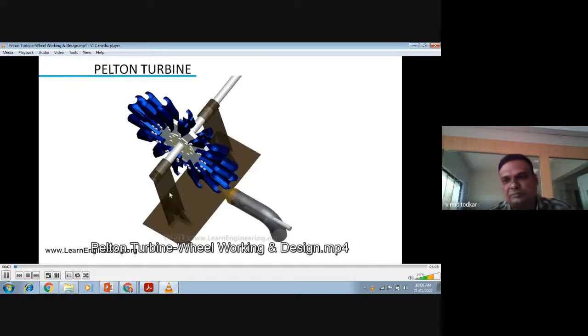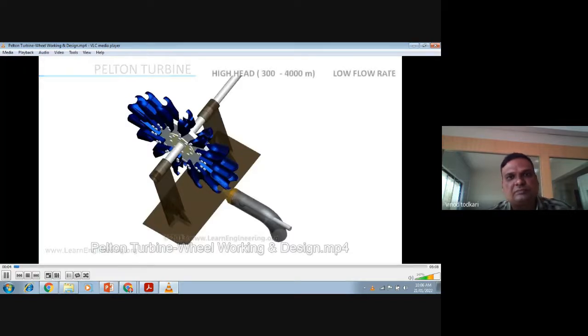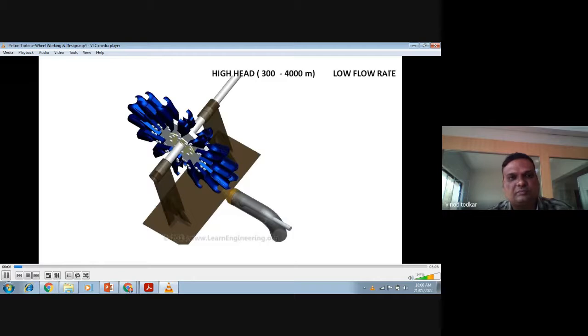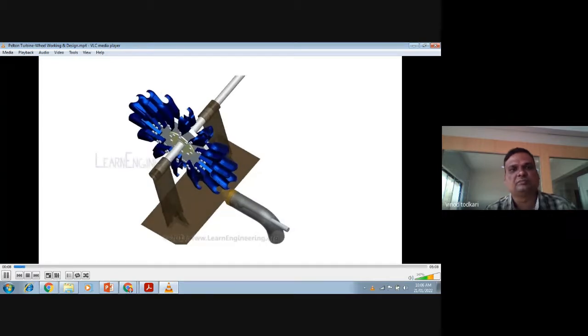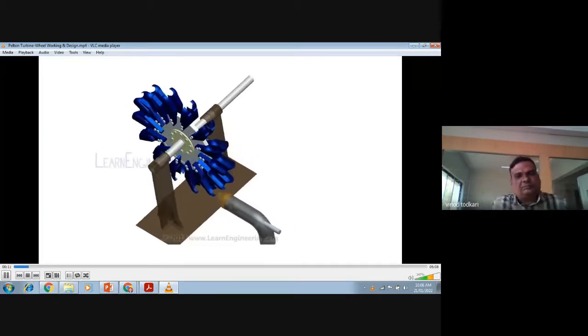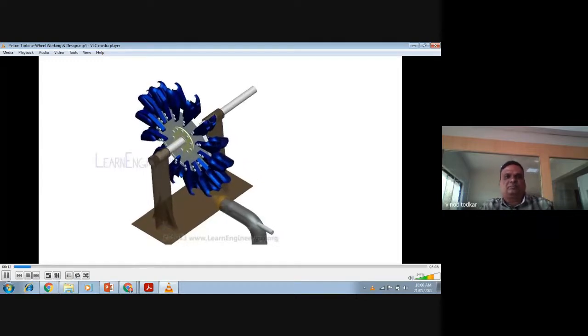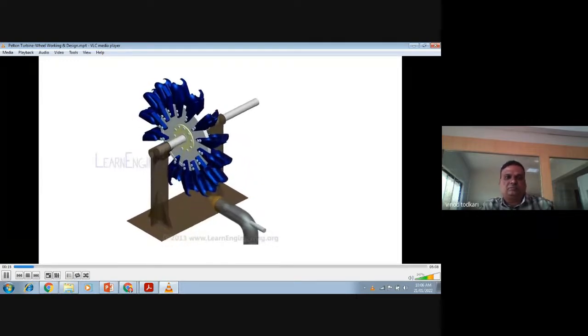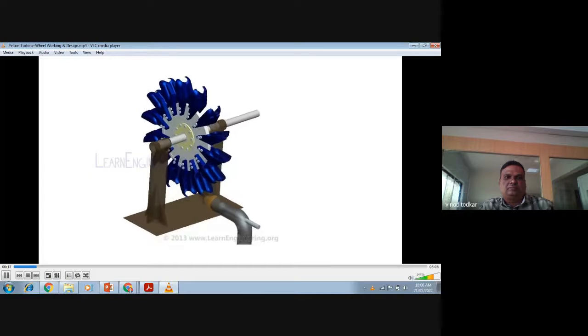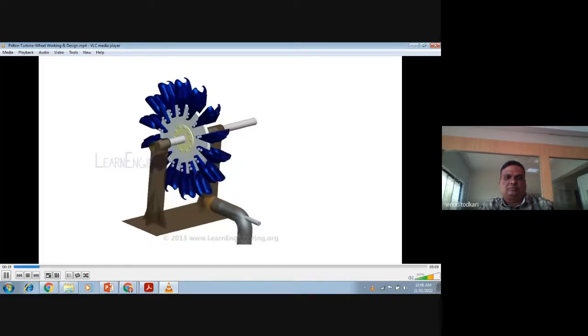Pelton turbines are suitable for power extraction when water energy is available at high head and low flow rate. Working of a Pelton turbine is simple. A high-speed water jet is ejected through a nozzle.